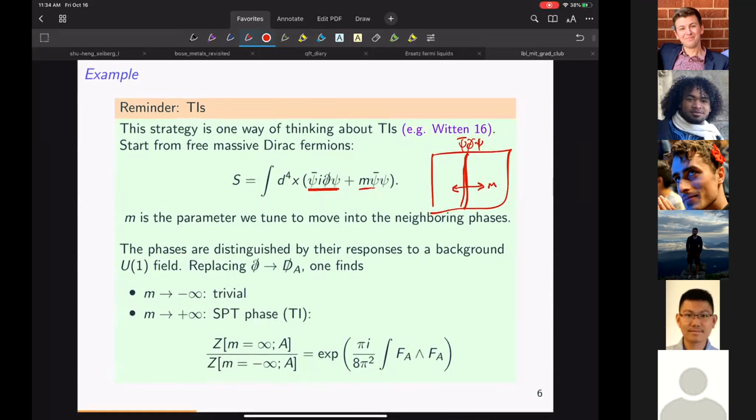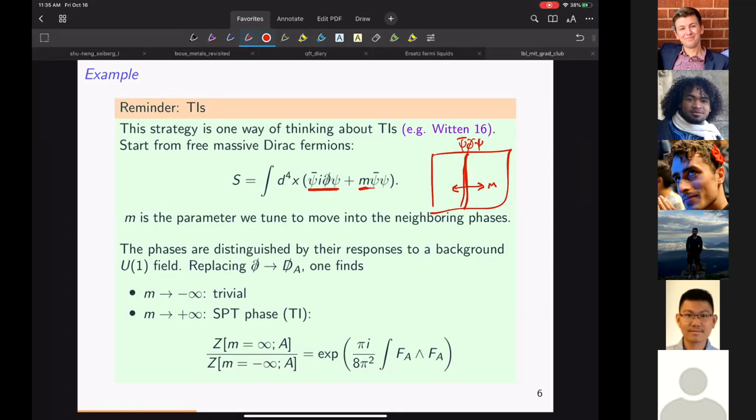It turns out that when m is very positive and very large, and when m is very negative and very large, you actually have two different phases. The two phases differ by an SPT, basically by a topological insulator, which you can show by looking at the response of this theory to a background gauge field.